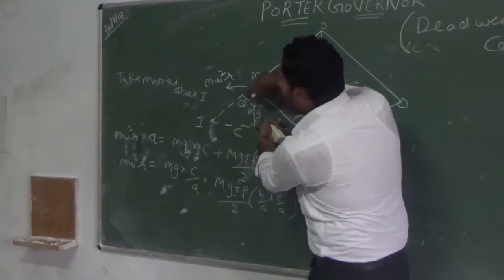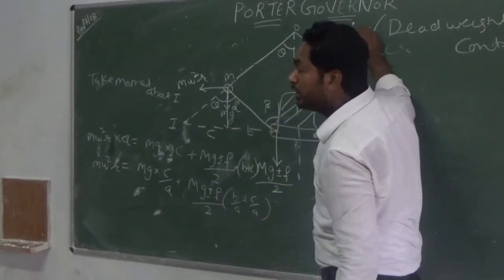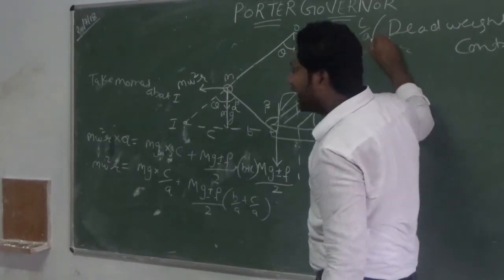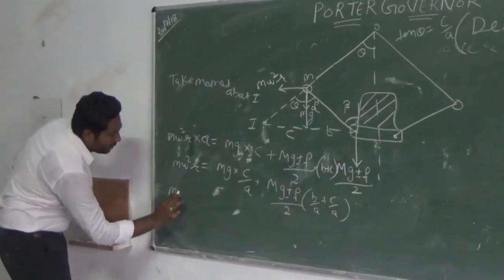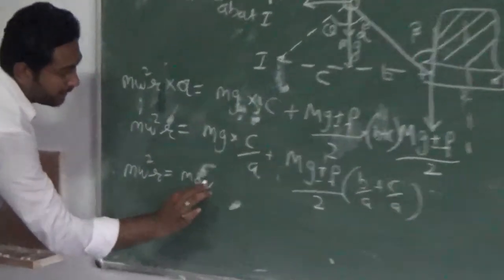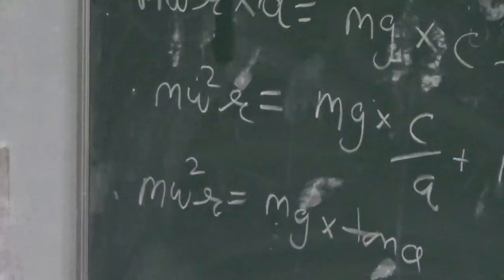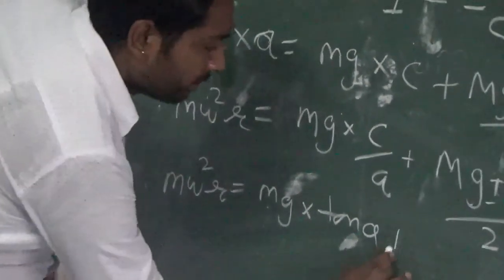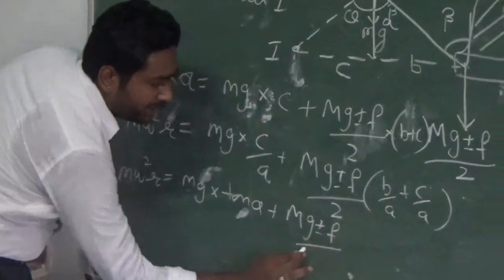Angle theta. So tan theta is equal to C upon A. So I write m omega square r is equal to mg into tan theta, instead of C upon A, plus capital MG plus minus f by 2.